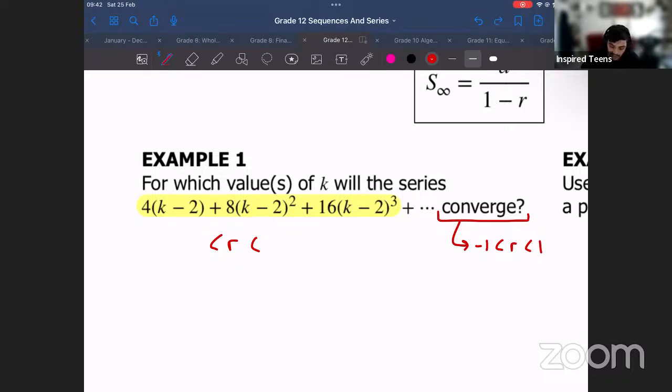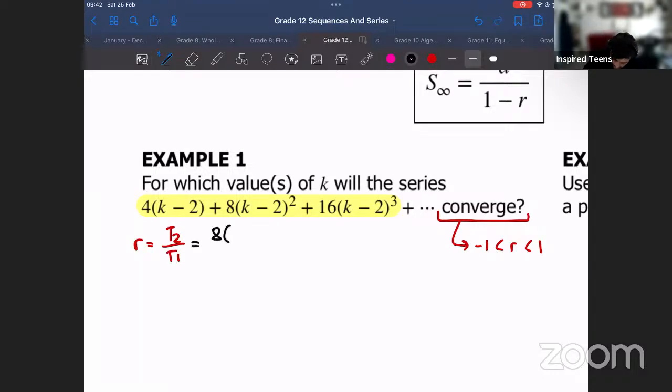In this case, we have our terms t1, t2, t3 in terms of variables. So we calculate r and we're going to input it there. So let's first calculate r. Remember, r is t2 over t1. The fact that this has converged, and it is asking us for which value of k the series will converge, automatically tells us it is geometric. So we know it has r.